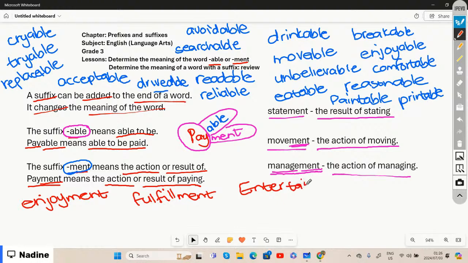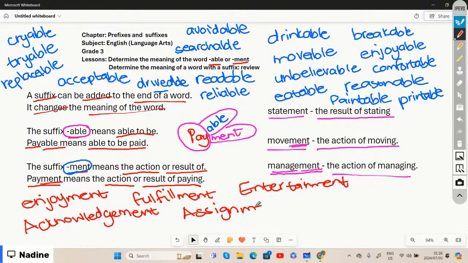Entertainment is correct. As well as acknowledgement, meaning that it is the action of acknowledging something or someone. Acknowledgement, that is correct. Doing an assignment, yes, like it's something that you're assigned to do. The results of assignment, of assigning something, right?